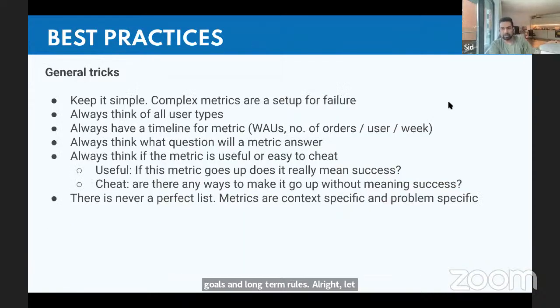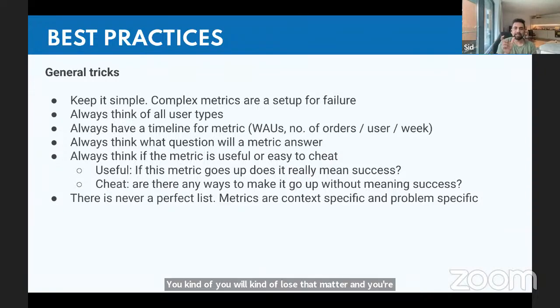So now we'll dive deep into each of the above metrics. And before that, one of the things that I want to call out, and something that I've noticed when I talk to product managers, be it in interviews or in general, whenever they're trying to set goals, there are a couple of mistakes they make, and that's what I want to highlight on this slide. Every time you think of a metric or a goal, keep it simple, right? The moment you start complicating the math behind it, you will lose that battle, and you're setting up for failure.